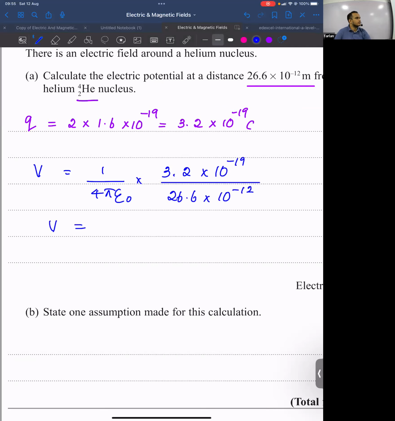Am I right? Yes. Can you please tell me the value? 108.1. 108.1 volts. Sorry, 108 then.